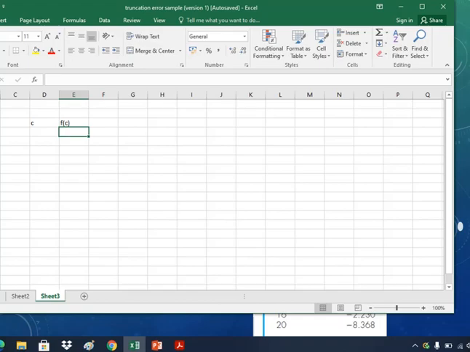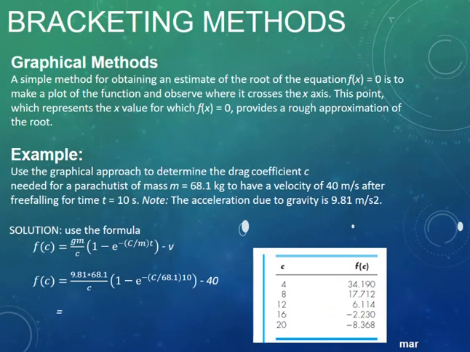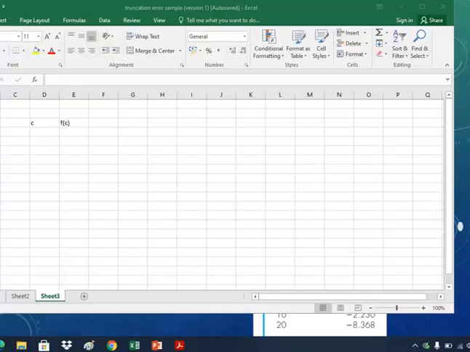So we'll already have the value of the mass 68.1 kilogram and the velocity of 40 meter per second and a time t which is equal to 10 seconds. So dali na lang, no? So for the value of C, it will depend sa inyo kung asa ta mag-start of step size or interval.